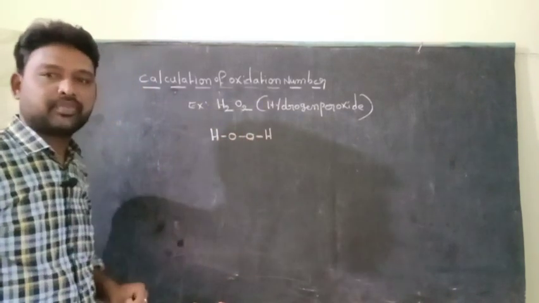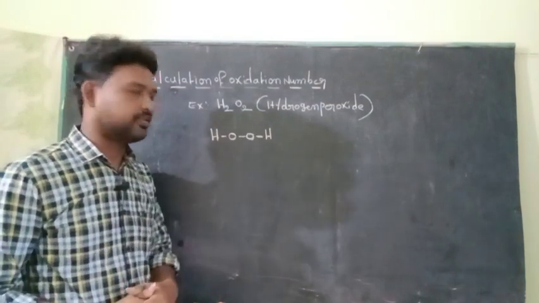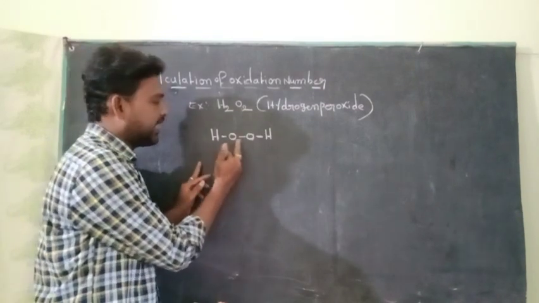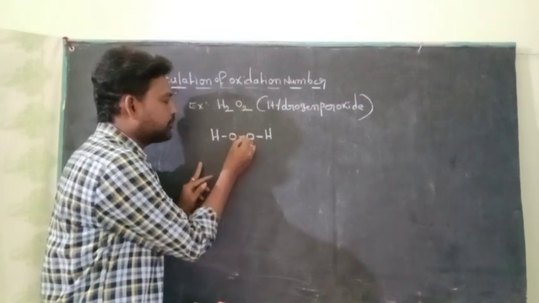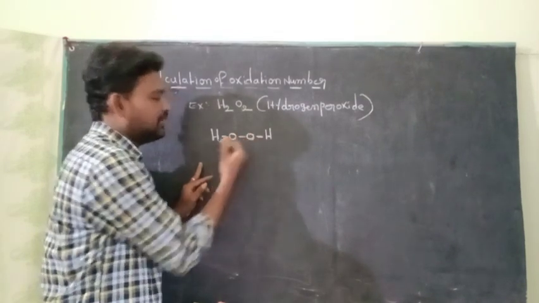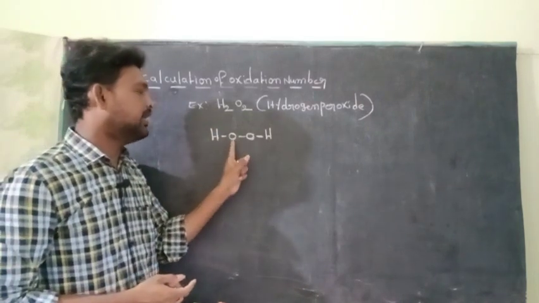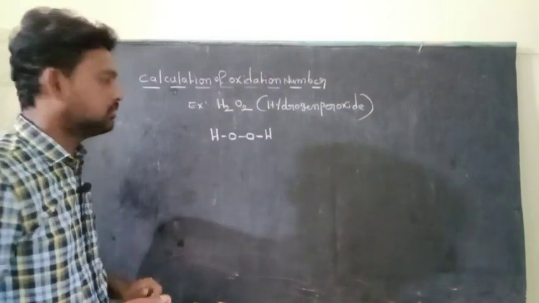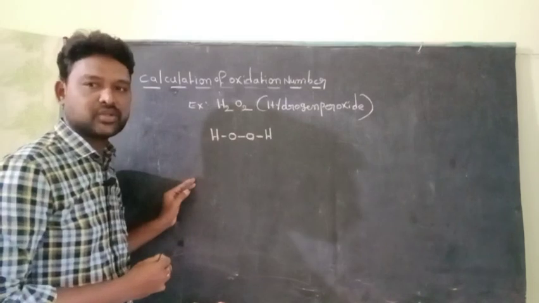So this is the structure of hydrogen peroxide. We can see in this the two oxygen atoms are bonded by one single bond. This bond is nothing but a peroxy bond.